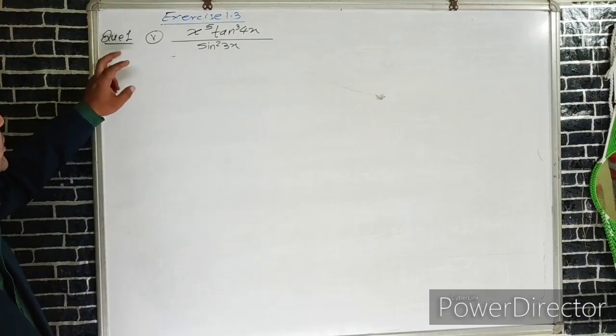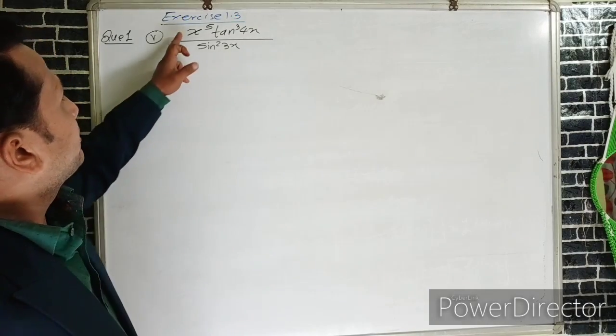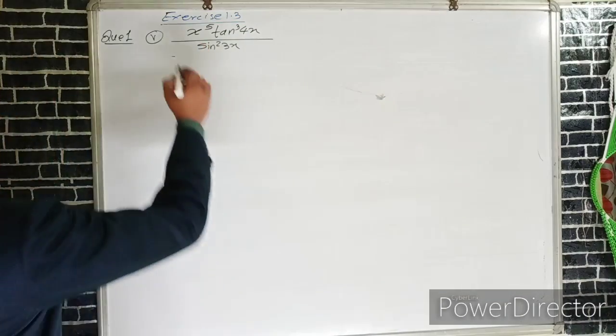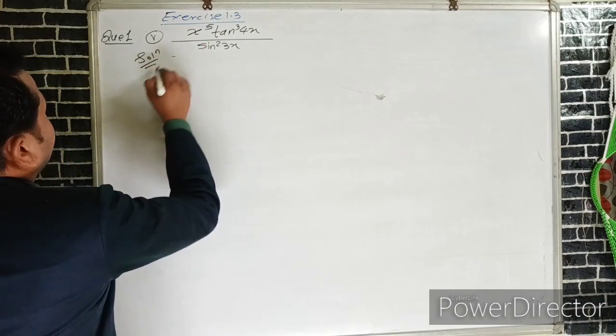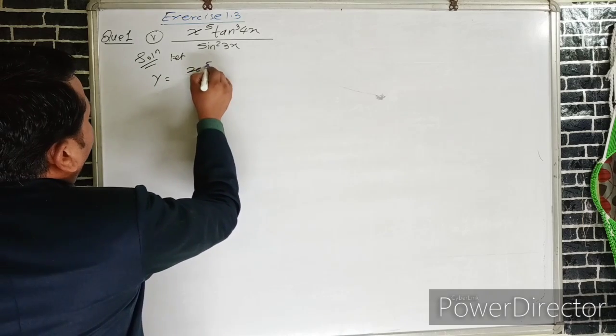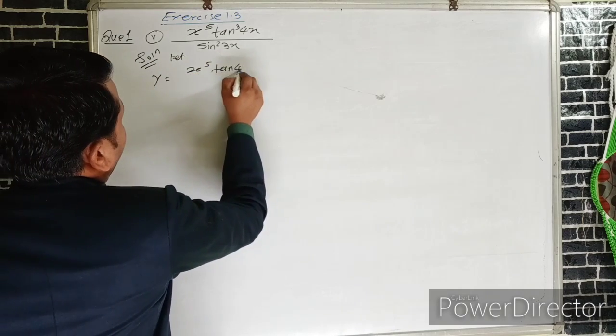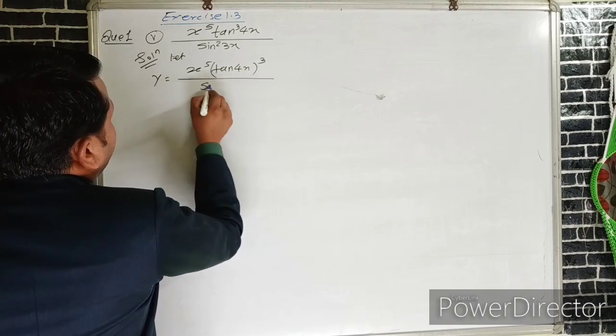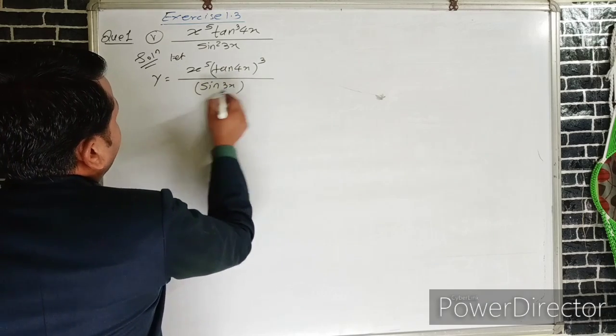Next one, which is question number 5. x raised to the power 5 tan cube 4x upon sin square 3x. First we consider that y is equal to x raised to the power 5 tan of 4x whole bracket cube upon sin of 3x whole bracket square.